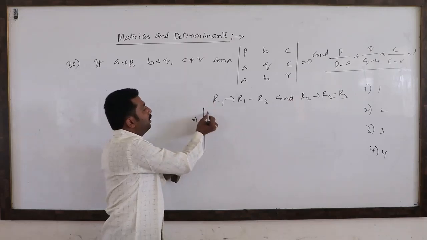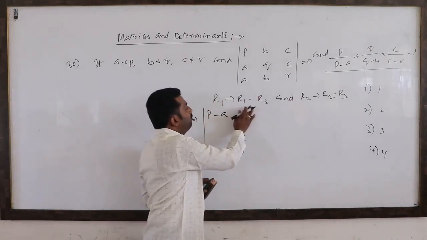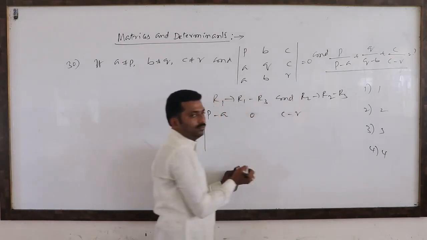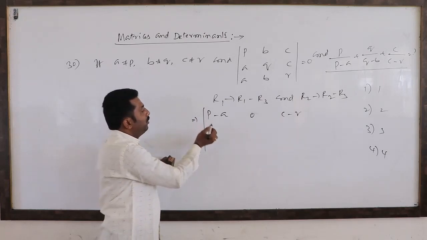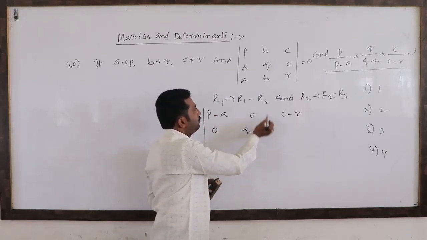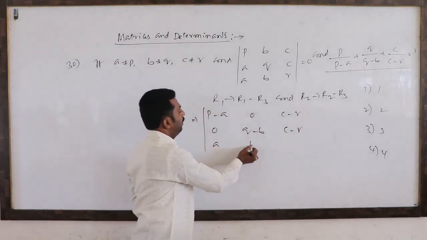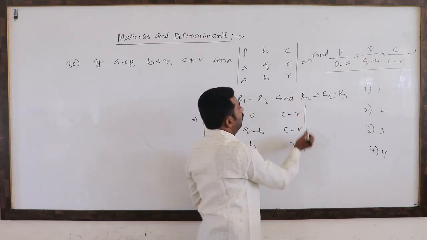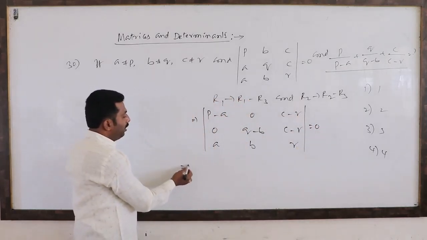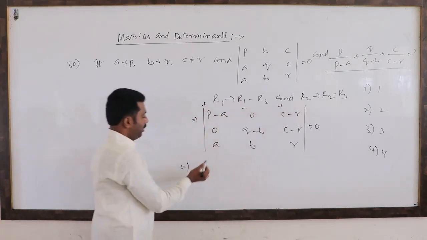R1 minus R3: P minus A, B minus B means 0, C minus R. R2 minus R3: 0, Q minus B, C minus R. A, B, R equal to 0. If we expand along the first row, this is plus, minus, plus.